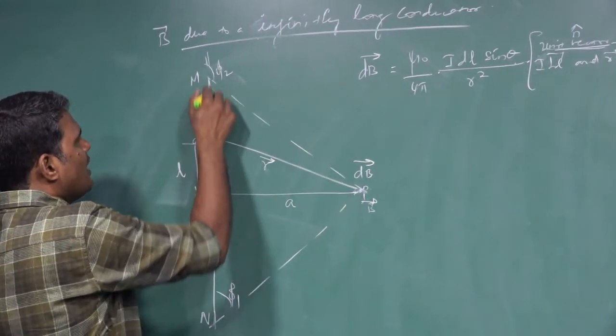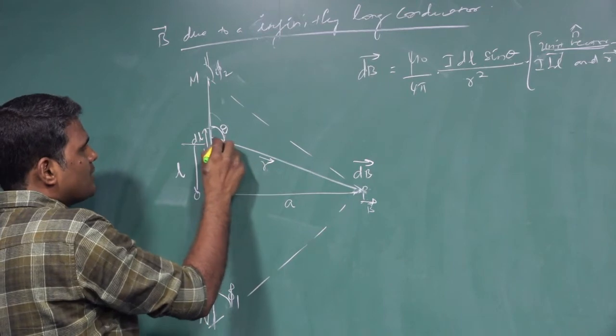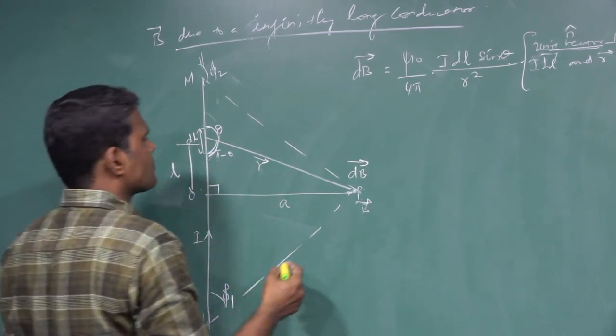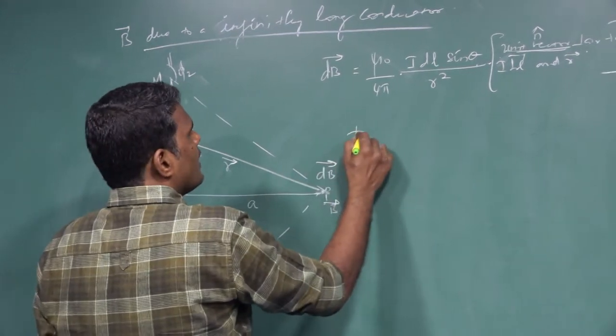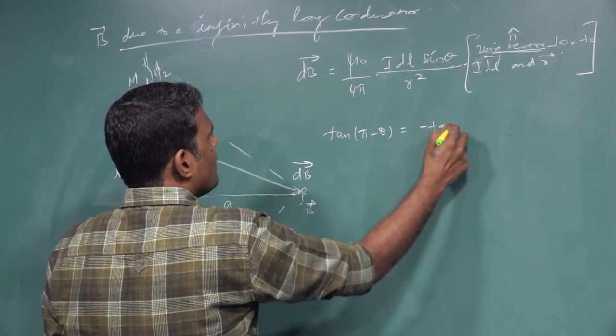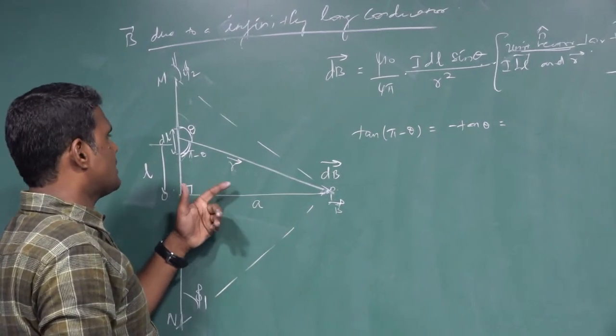If this is theta, total angle is pi, and this angle must be pi minus theta. This is 90 degrees, as you know. I can say tan of pi minus theta is minus tan theta, which is opposite side divided by adjacent side.